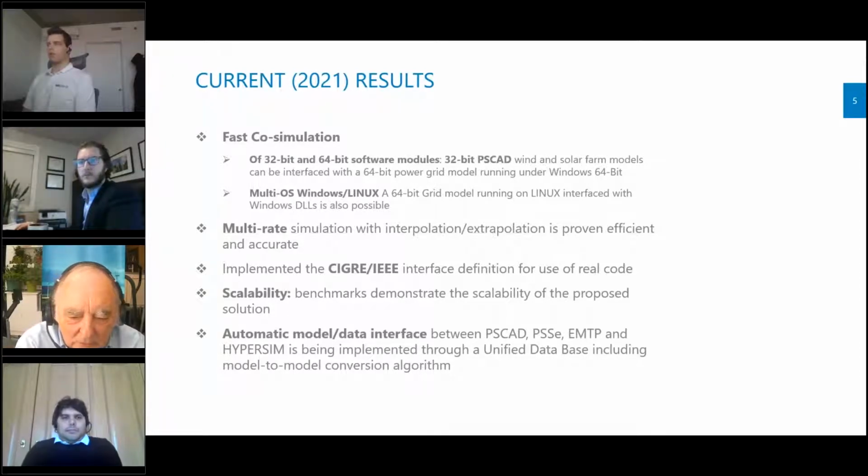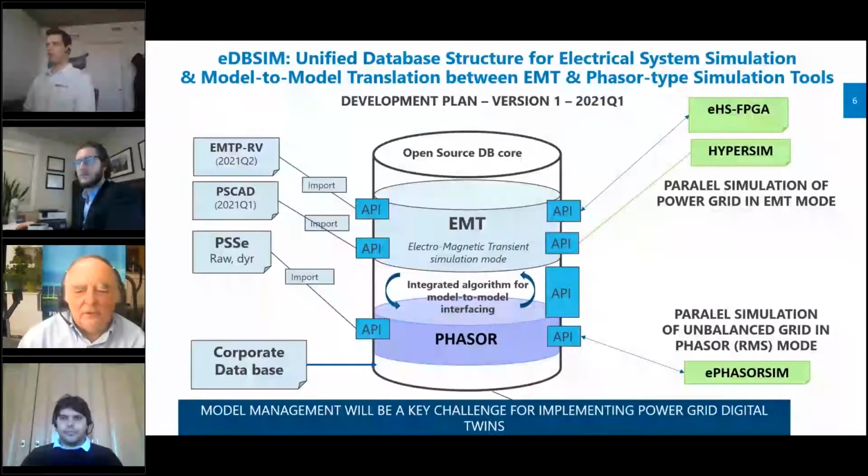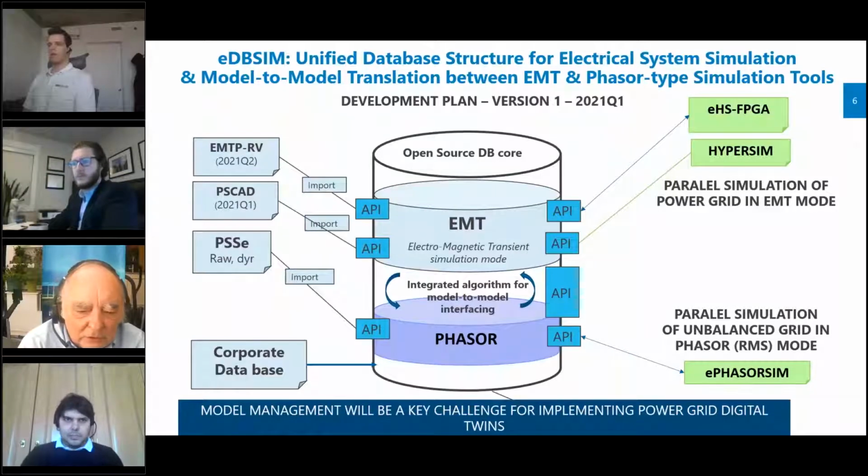And as you know, there is no good standard to have the same database for EMT simulation. In the case of phasor, there are some standards being developed, with the common interface model, the CIM model, but these are not sufficient to implement full EMT simulation in the three-phase domain.